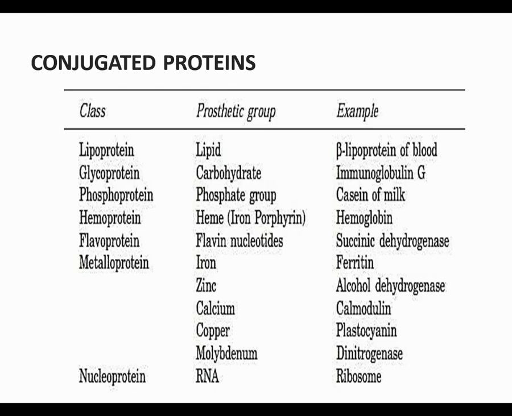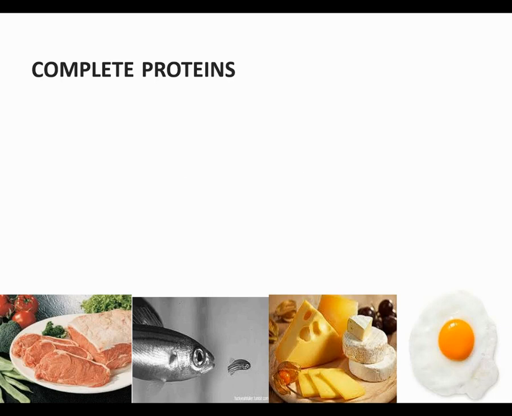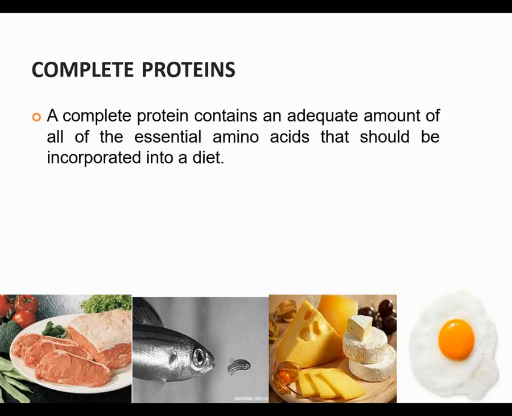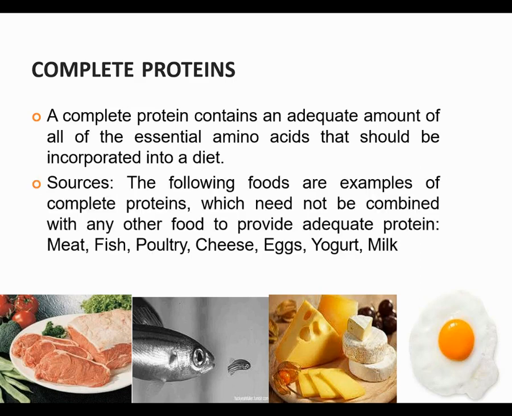Now, the next one is based on its nutritional value. Proteins can either be classified as a complete protein, where it contains an adequate amount of all of the essential amino acids that should be incorporated in a diet. An example of that one is fish, meat, poultry, cheese, egg, yogurt, and milk.